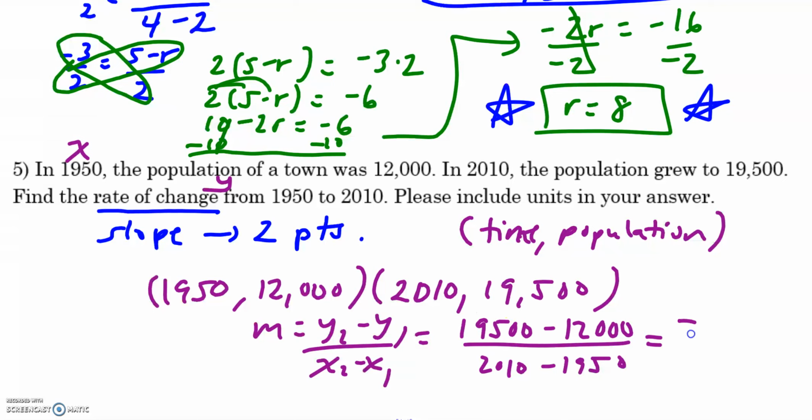So that would be 7,500 on the top, and in the denominator that would be 60. If I divide 7,500 divided by 60, that would get me exactly 125. But the question's not done until I have units, and it looks like the change is people per year. So it's about 125 people per year.